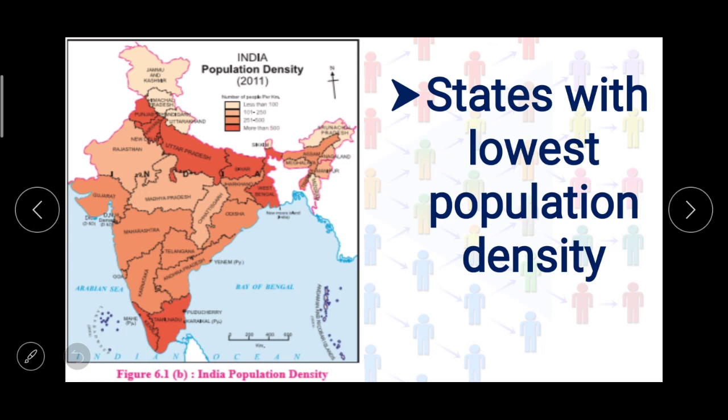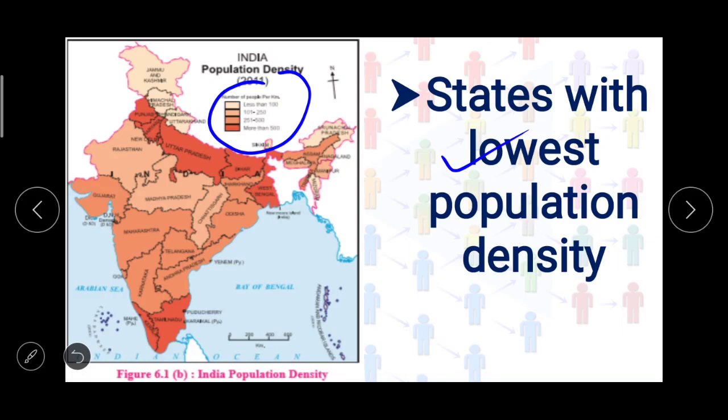Now these colors which you have to refer to: first less than 100, then 101 to 250, then 251 to 500, and more than 500.